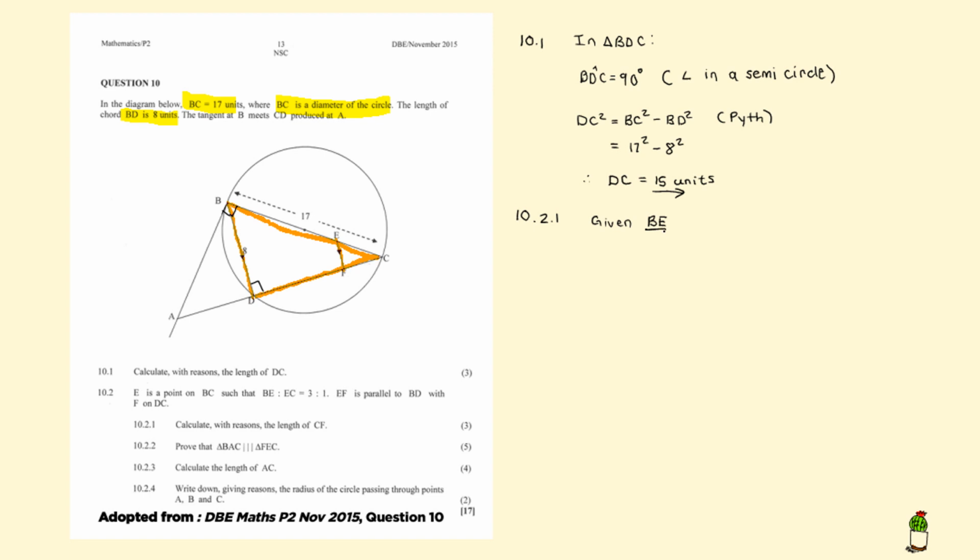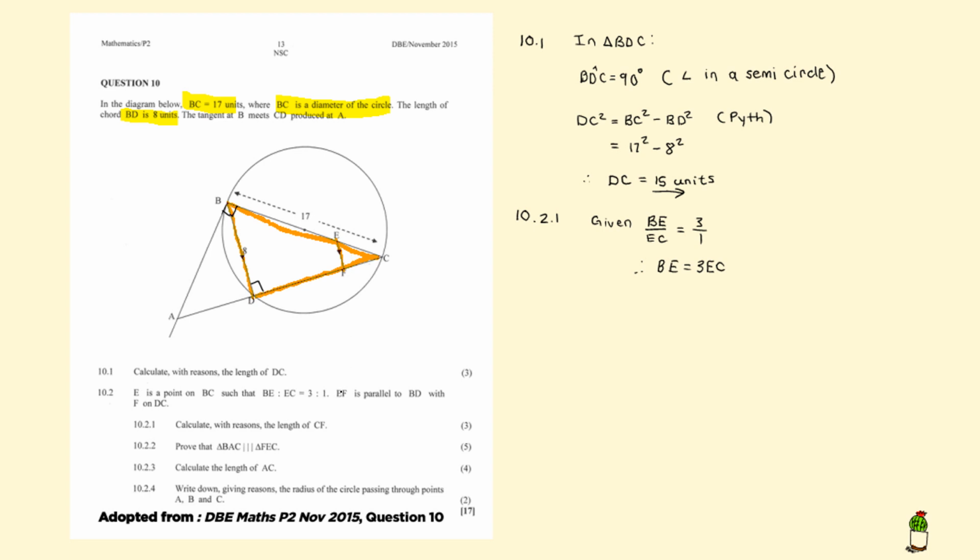Whenever I have 1 in my ratio, I really like it, because that means that I can say that therefore BE is equal to 3 times EC. And this will come in handy quite soon, you'll see.